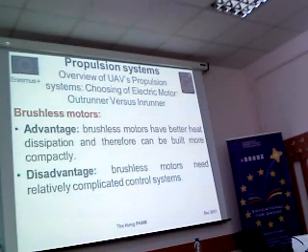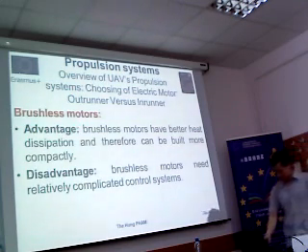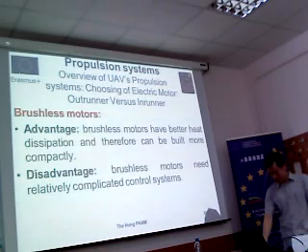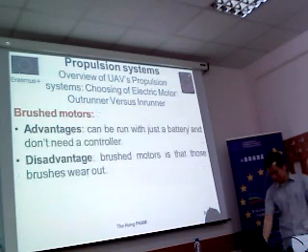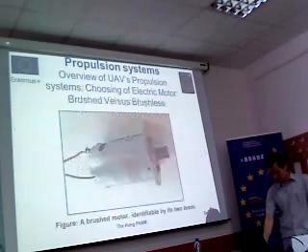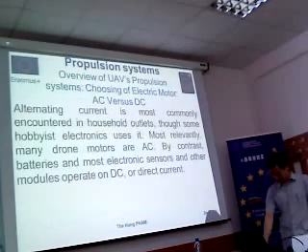It means that it has to change the DC current to 3-phase and change the phase very fast in order to rotate the stator of the motor, and you will see how it works. And this is the advantage of the brushed motor. Okay, this is a picture of the brushed motor.